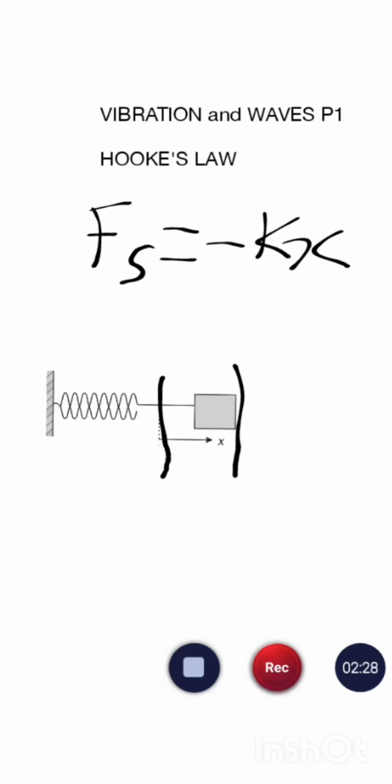Another thing you should know is that the spring force always acts in the opposite direction of displacement. That's why there is a negative in the formula, because the spring force always acts in the opposite direction, since it's always trying to bring an object to equilibrium.